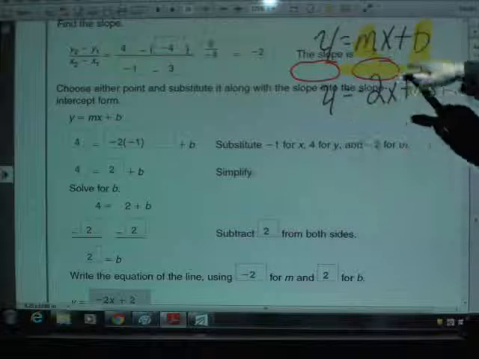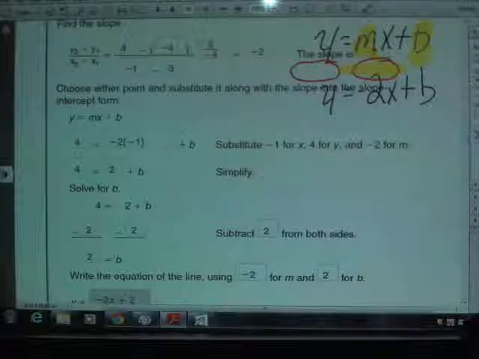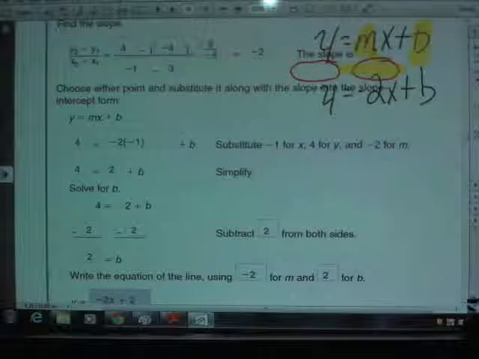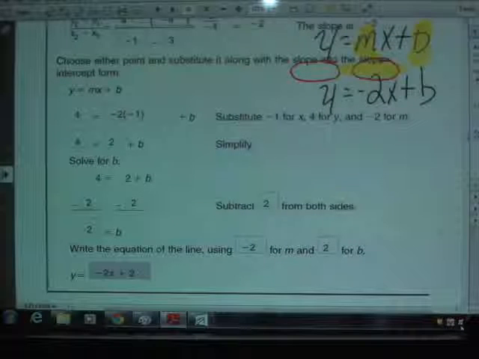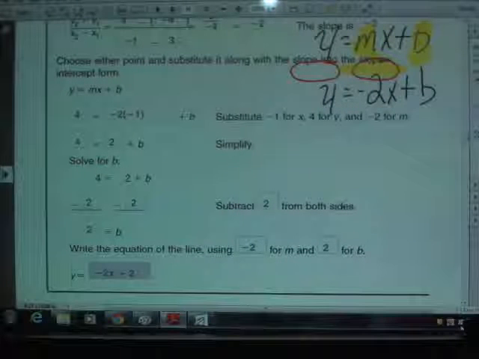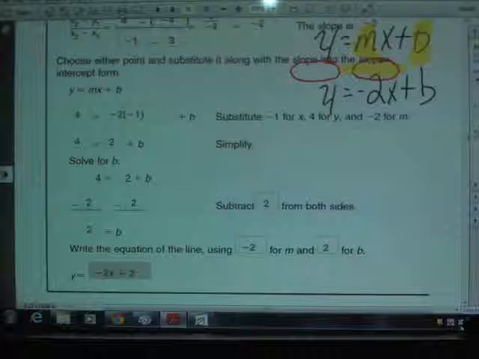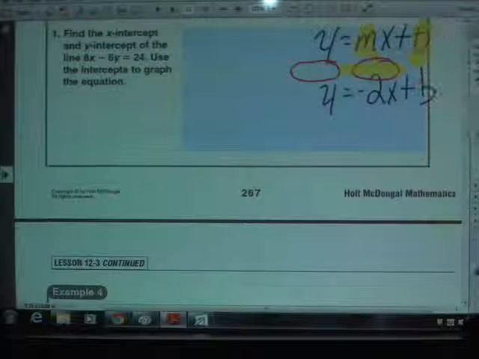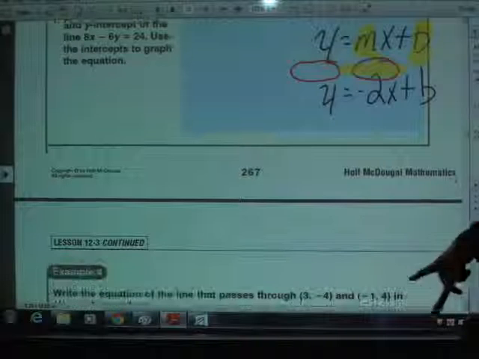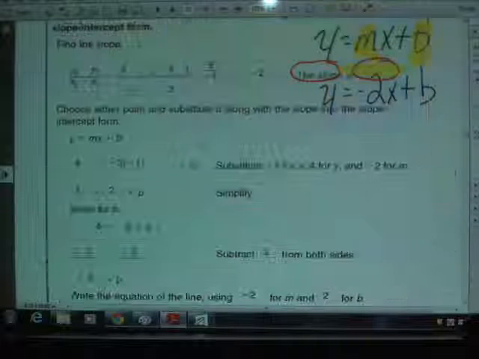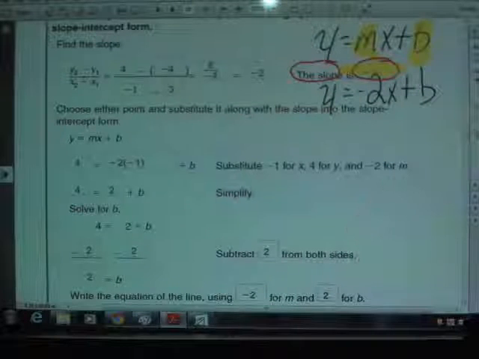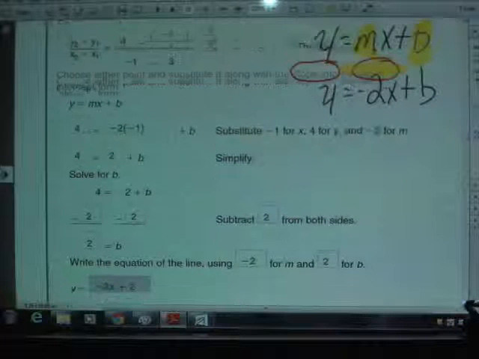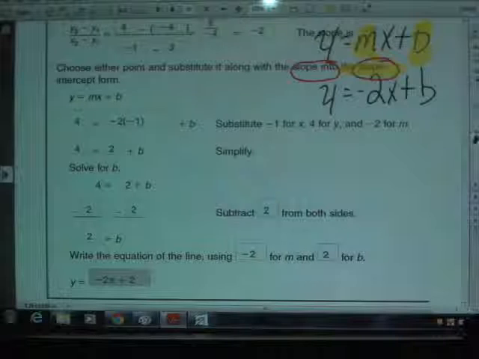So I'm going to come back here and change b into what I've just now discovered is 2. And so now my final answer is going to be y = -2x + 2. So the line that runs through (3, -4) and (-1, 4) is the line that's defined by the equation y = -2x + 2.